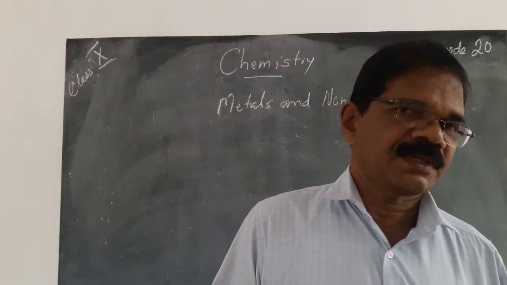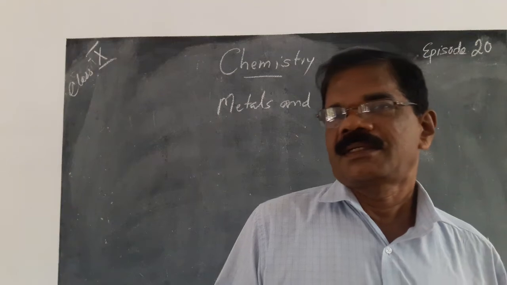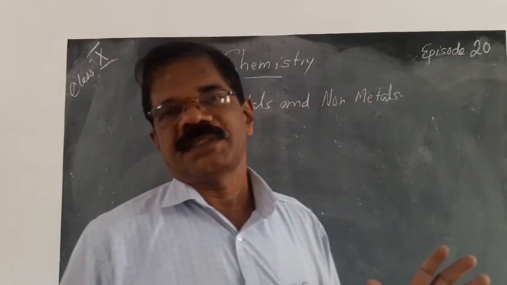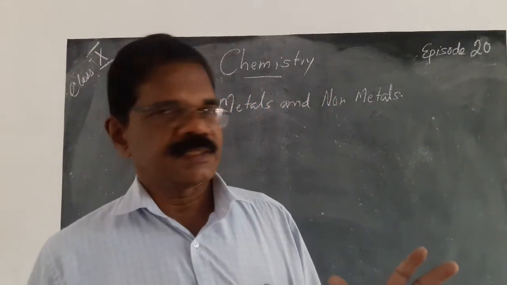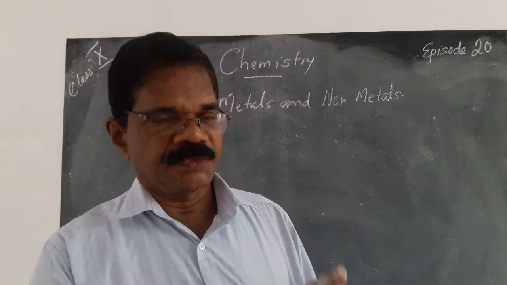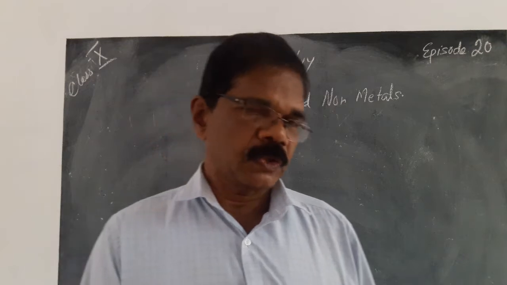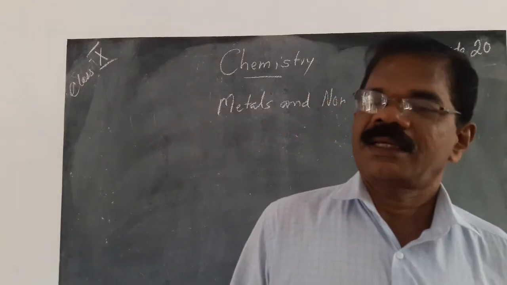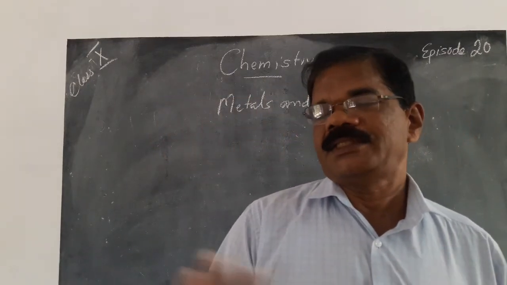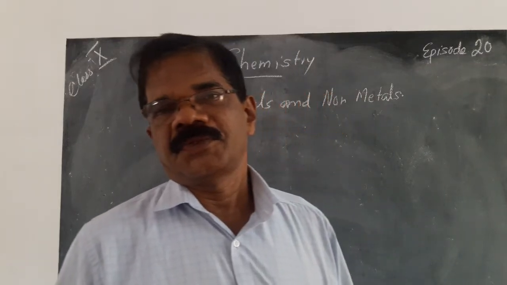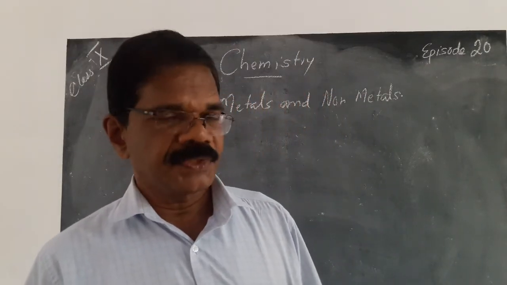In groups, the elements which have the same properties fall in the same group. Similarly, in periods also we can see a gradual change of properties from left to right.